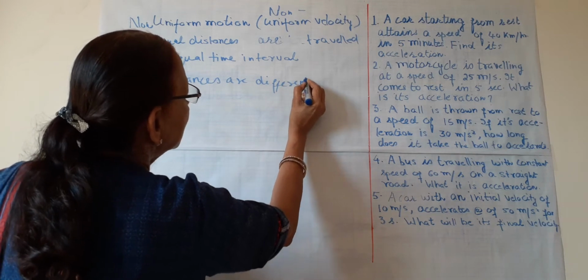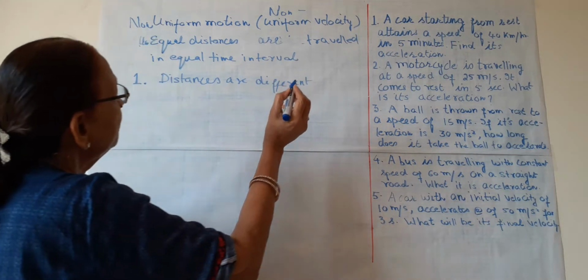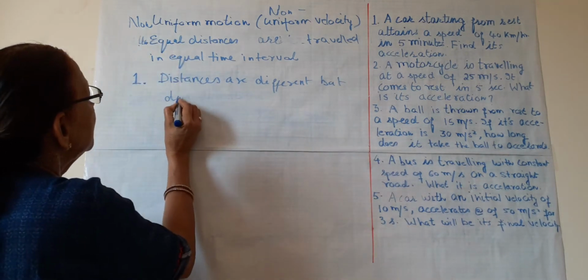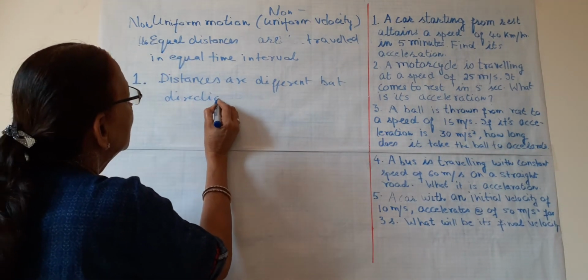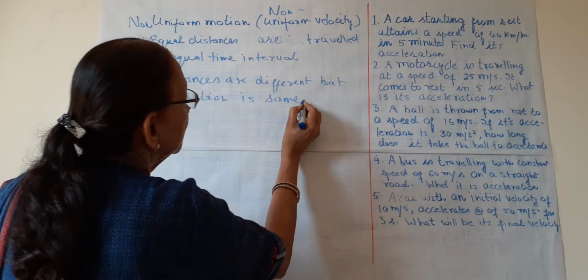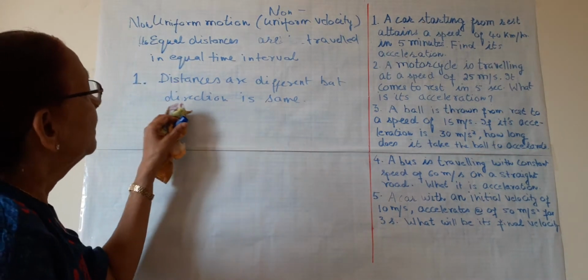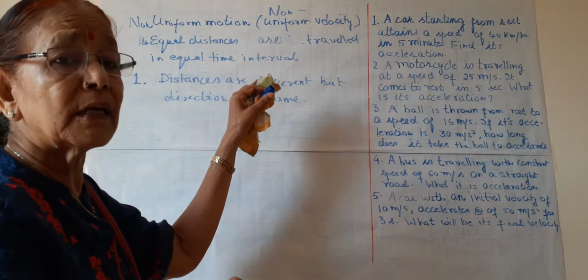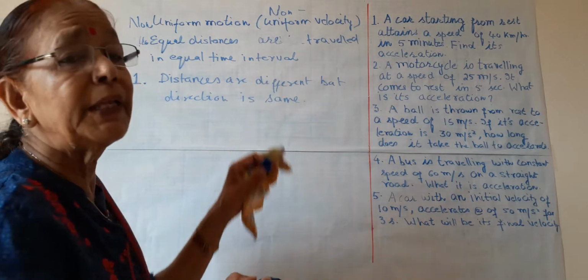Different distances are covered in same time interval, but direction is same. This is one condition. Direction is a straight line or same, but the distances covered in equal time are different.